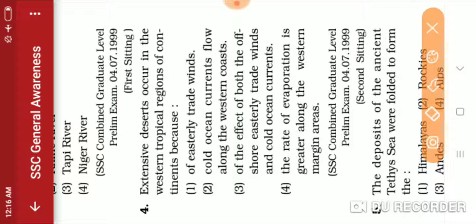This is because of the offshore easterly trade winds and cold ocean current. From the North Atlantic, the cold winds come. Because of that, cold wind doesn't contain any cloud, so it will not rain. And also offshore easterly trade winds.